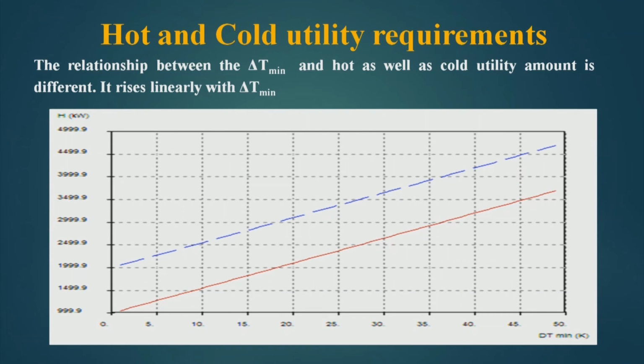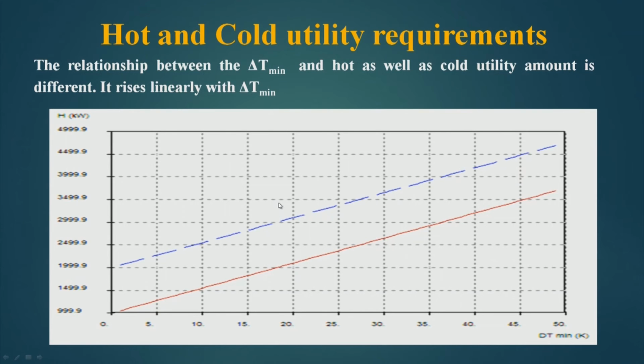However, the fixed cost is not linear, it is non-linear in nature, because the cost law is A1 plus B1 area to the power C1, plus the relationship of area and delta T minimum is also a non-linear relationship, and the cost law is also a non-linear relationship. Whereas, here I am finding that the hot utility and cold utilities are increasing linearly.